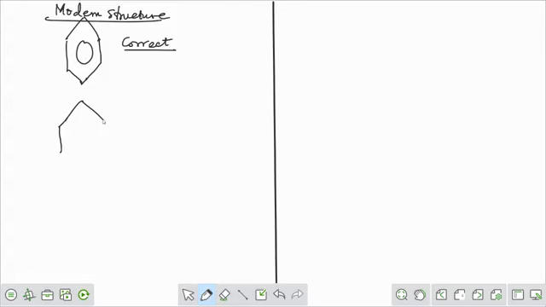Now, you still have another method of drawing. You can draw it like this. You now put double bond, double bond, double bond. So this is another method of drawing benzene. I hope you understand.